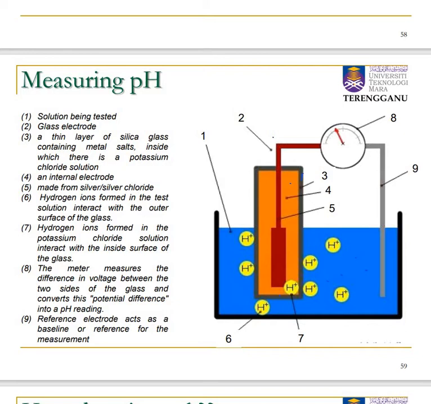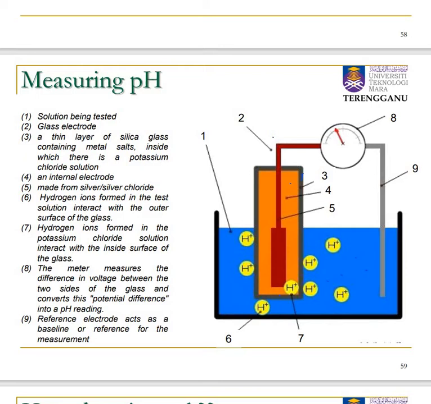The concept used by this pH measurement is the same as electrolysis that you learned inside electrochemistry. If I'm not mistaken, electrochemistry is taught in your SPM syllabus. So now I will explain one by one the apparatus inside this system.